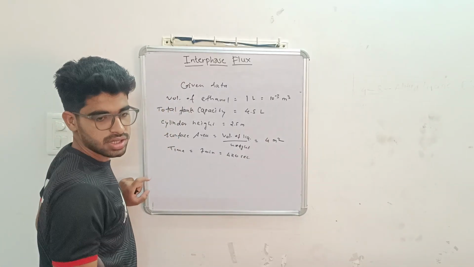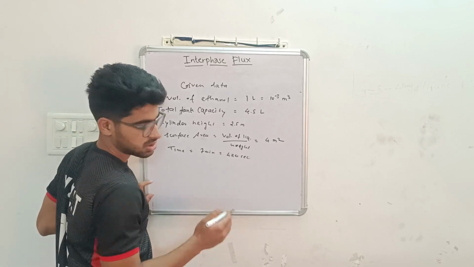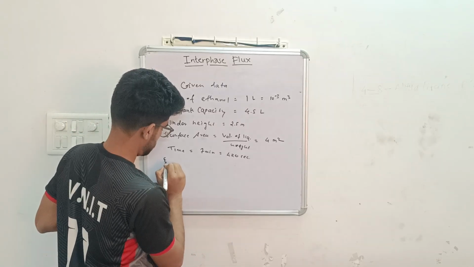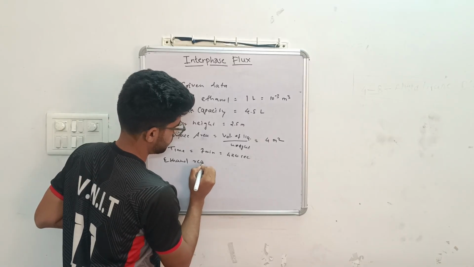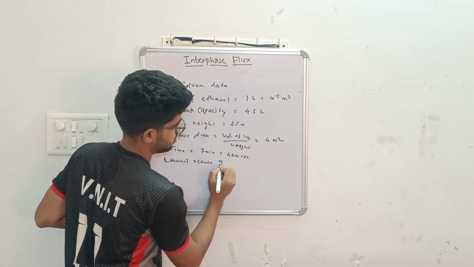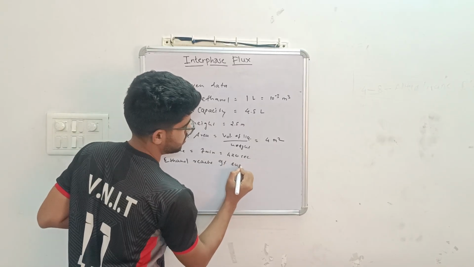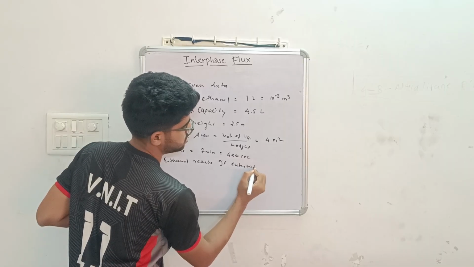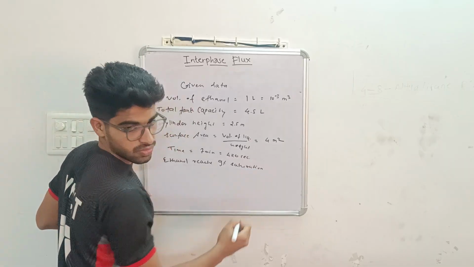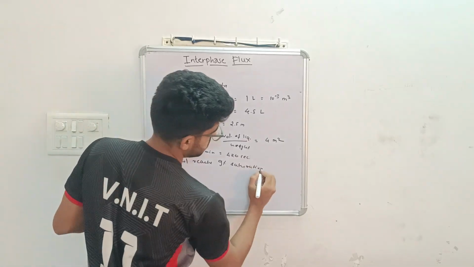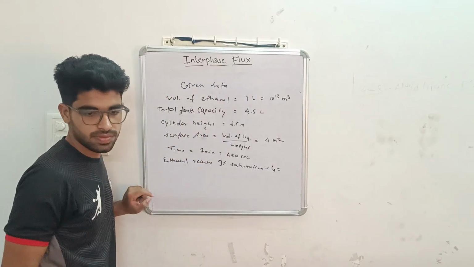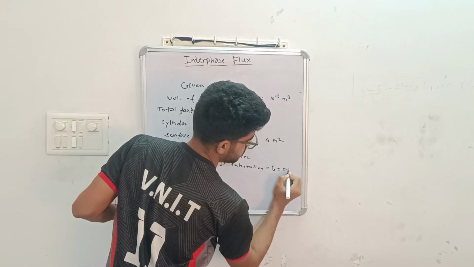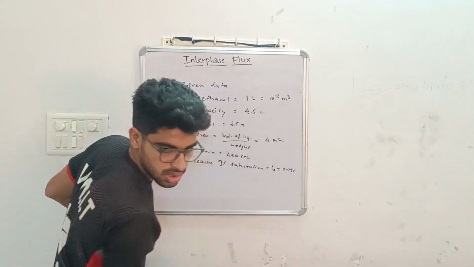and the ethanol reaches 9% of saturation, which can be written as CA is equal to 0.09 CAS.